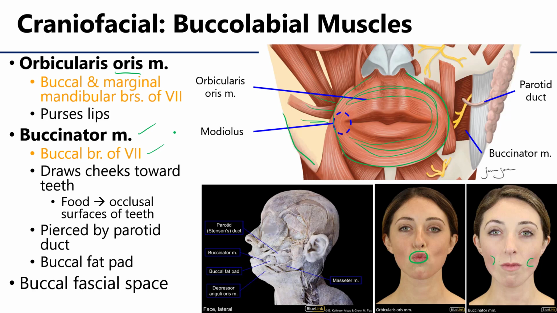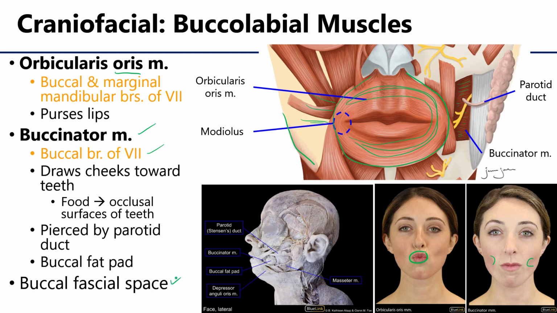And there are a few additional things that we should discuss regarding it. Superficial to it is going to be buccopharyngeal fascia, which invests it. And then above that buccopharyngeal fascia, all the way up to the SMAS, is our buccal fascial space.